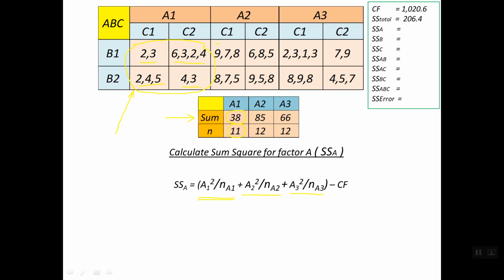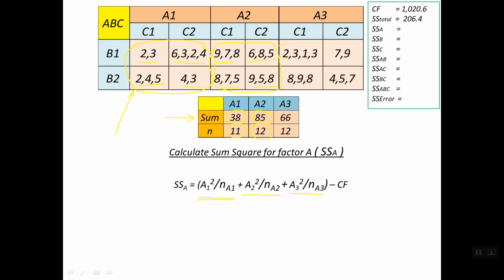Regarding A2, the summation of A2 is the summation of all of these records, which is equal to 85, and the number of observations we have here is 3, same as here, 3, and here 3, and again here 3. So we have a summation of 85, and regarding the number of observations n, we have 12.